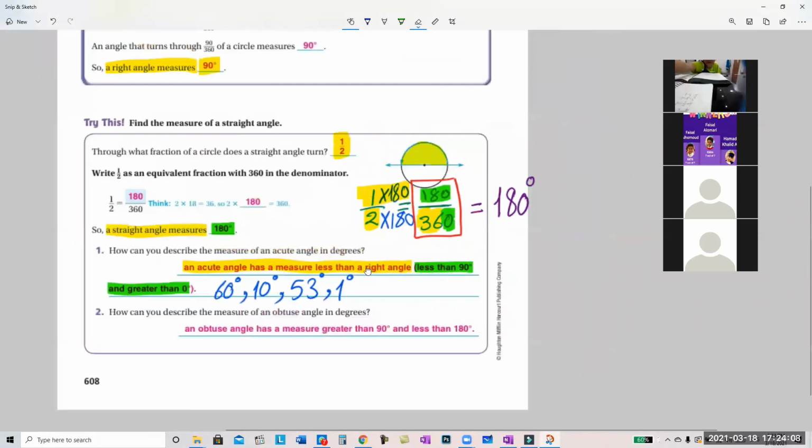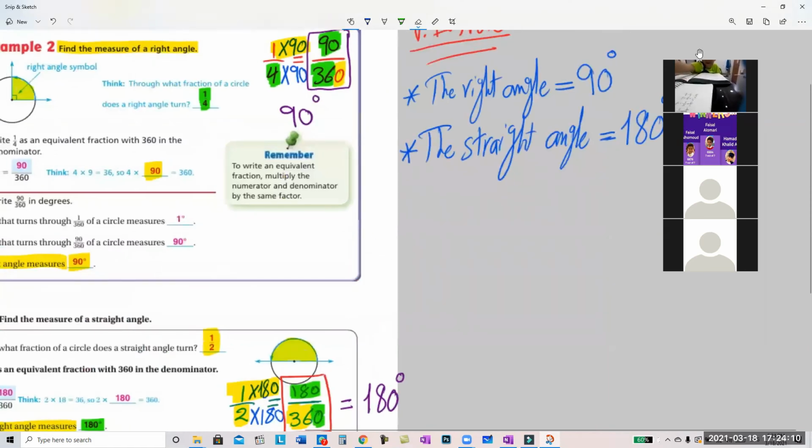So let me write here in our notes. Okay, write after me, please.